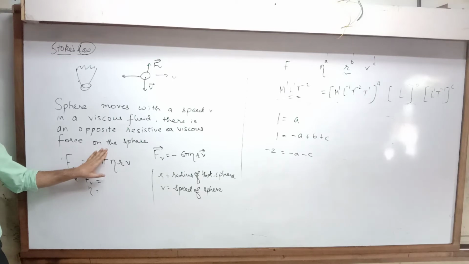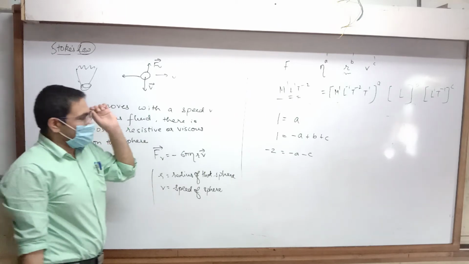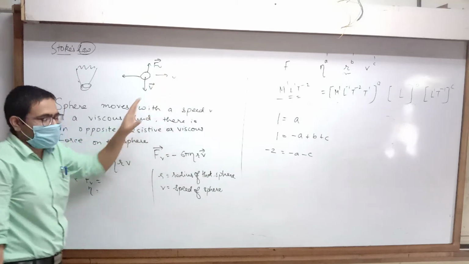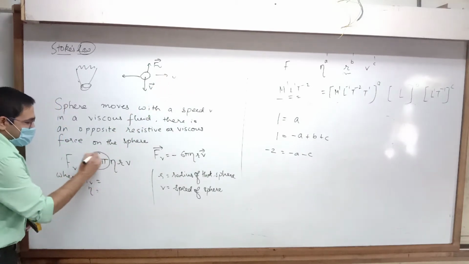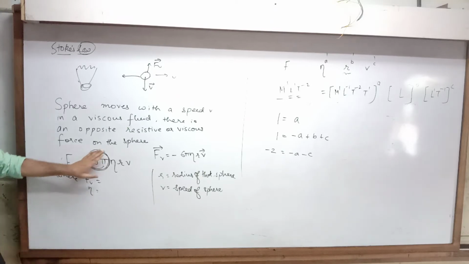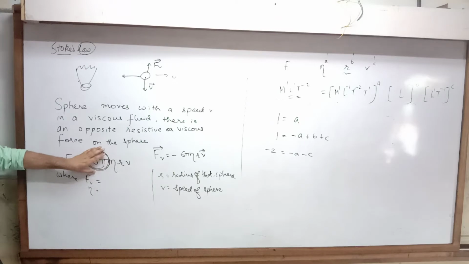You get that F should be equal to eta r v. But a limitation or a problem with this method is you can never find that constant, because a number like this does not have dimension, so this does not allow you to explore what this number is. But that's not a big deal, you can do it by experiment.